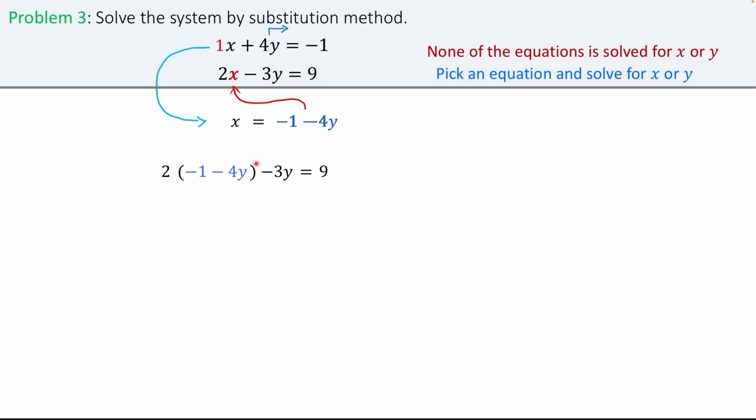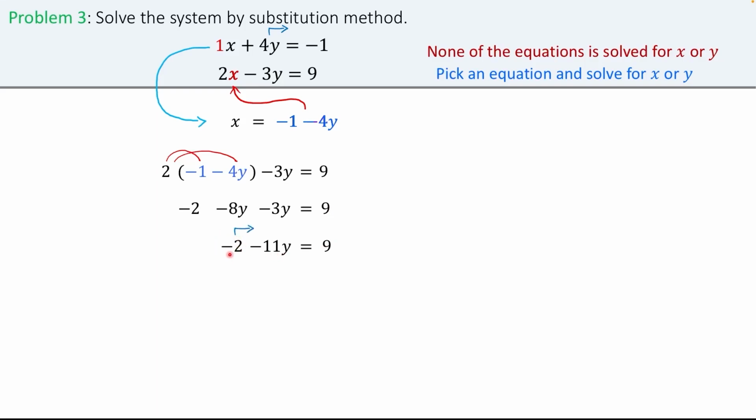Now remove the parenthesis using the distributive property. 2 times -1 is -2. 2 times -4y is -8y, minus 3y is equal to 9. Now simplify. -8y minus 3y is -11y, so -2 minus 11y is equal to 9.